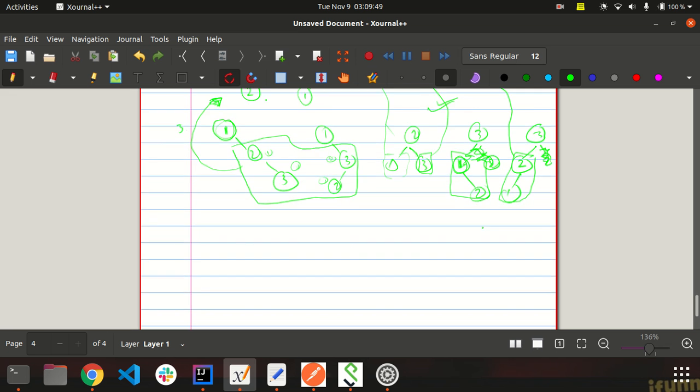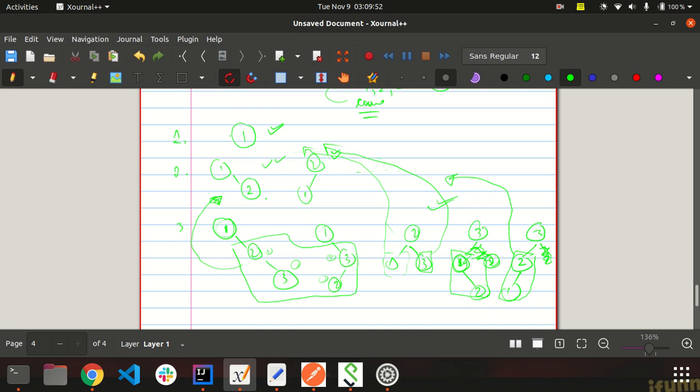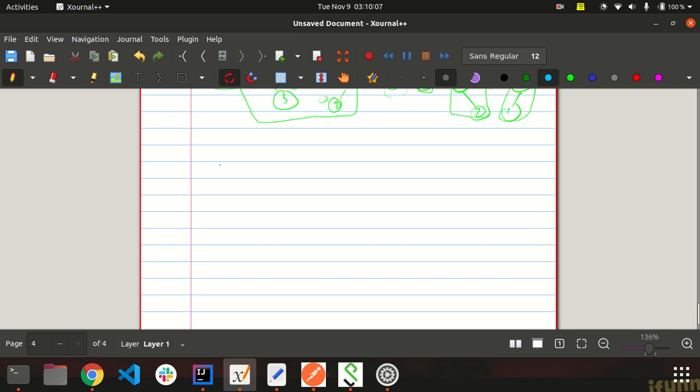So basically, what we can justify with these observations is, when we choose a particular node i, there can be nodes 1 to i minus 1 here, and i plus 1 to n here, right?